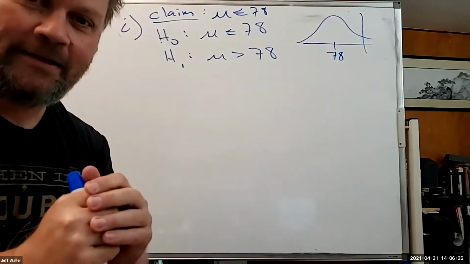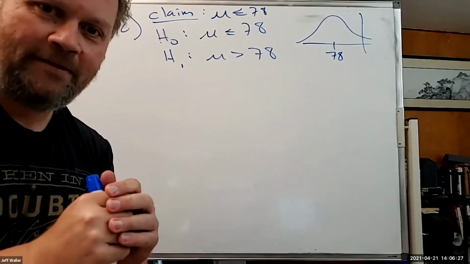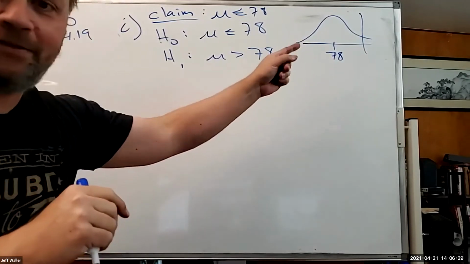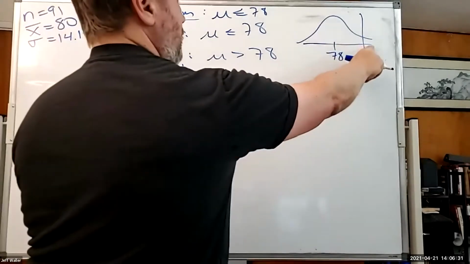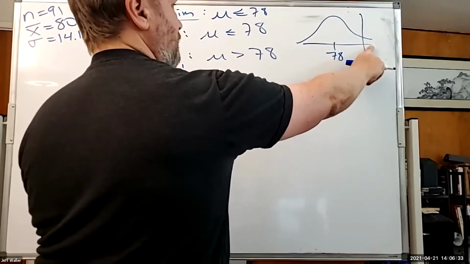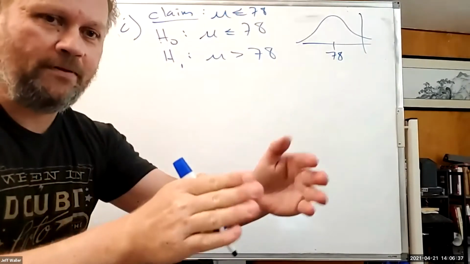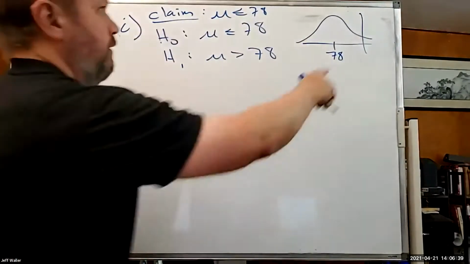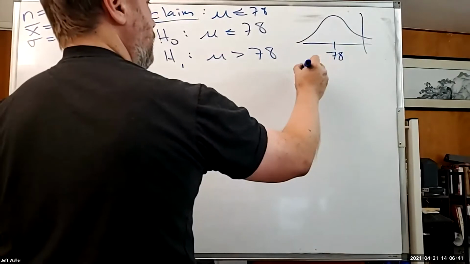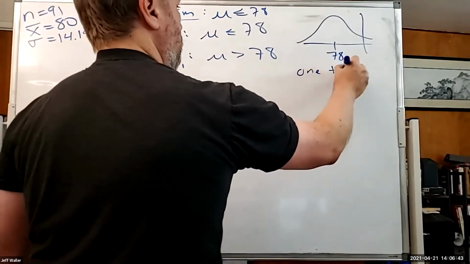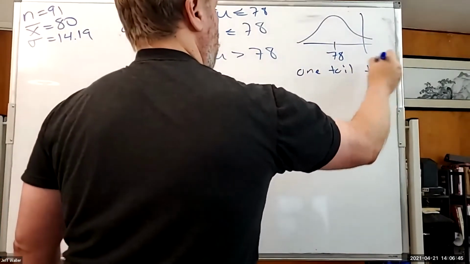How many tails did we just draw? One. Sorry, I was thinking intervals. Confidence intervals, always two tails, because chop. But here I just went chop. So I got one tail. So it's a one tail test.